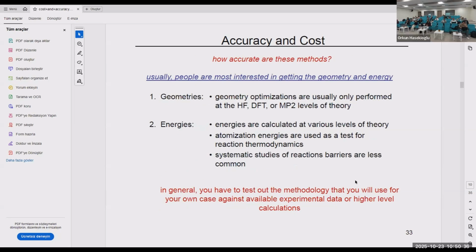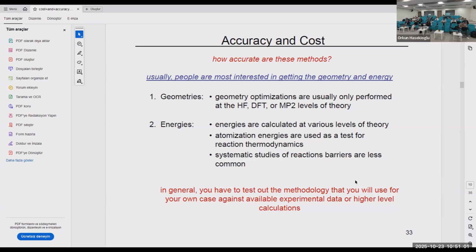So usually people are most interested in getting the geometry and energy, right? We talked about the potential energy surface, etc., yesterday. The geometry optimizations are usually only performed at the Hartree-Fock, DFT, or MP2 levels of theory because these are faster and can treat more atoms.